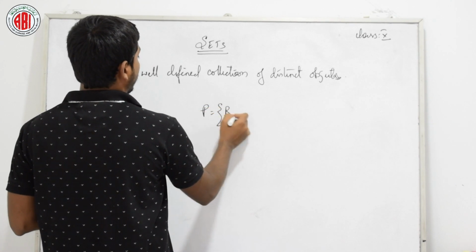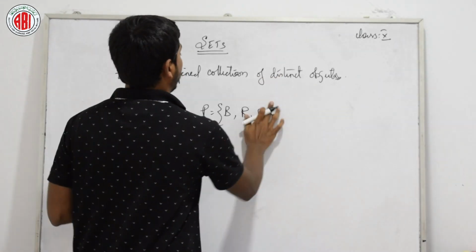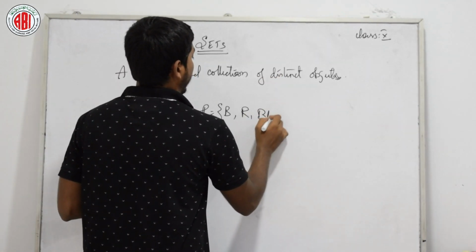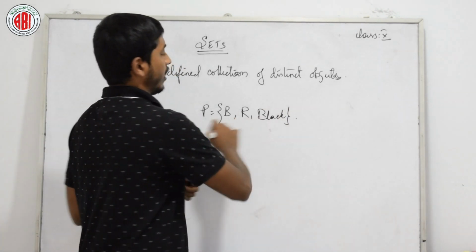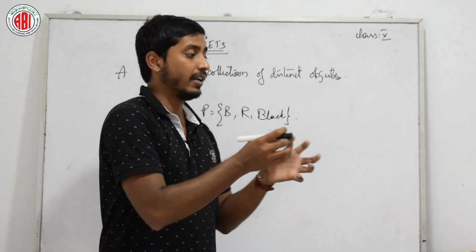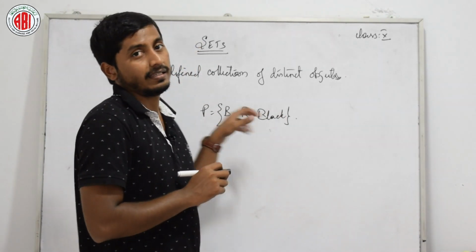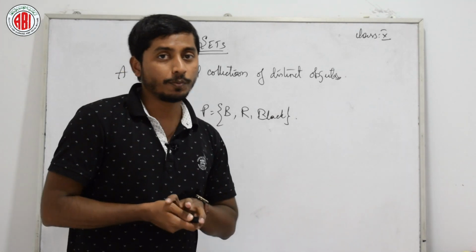Let me write it as blue, red, black, right? Let me write it clearly: blue, red and black. Okay, these are three different objects. I have given a particular set to it, that is a set of pens. Is it clear? Hope you can understand.